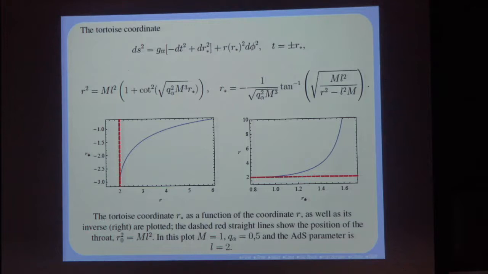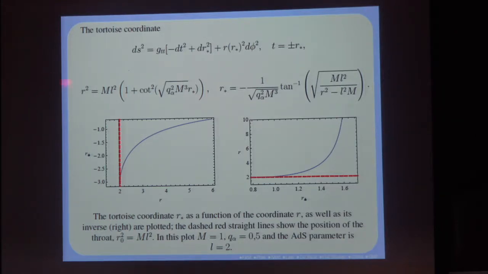Now we constructed the Kruskal-Szekeres and the Penrose diagrams. So I will go to it in what follows. I don't know if you notice that g_rr diverges at the throat.